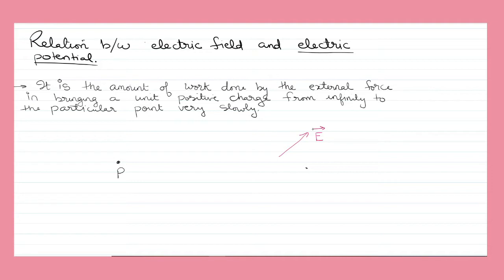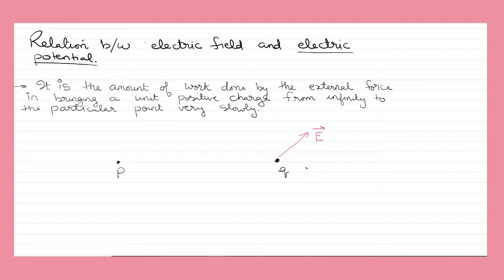So I have gone to infinity and now I am bringing the charge. And suppose I have reached this particular point. And this is some charge q, although I had to bring a charge of 1 coulomb, but suppose we bring a charge q coulomb.